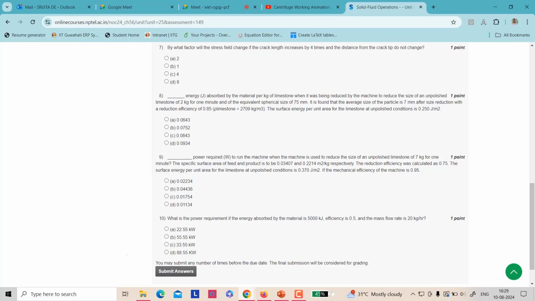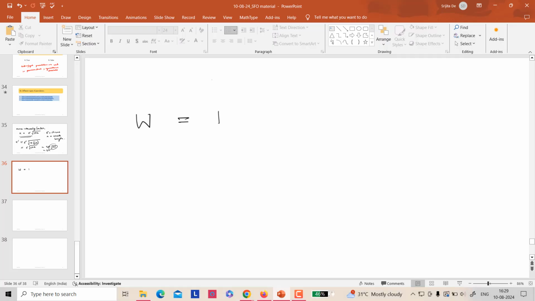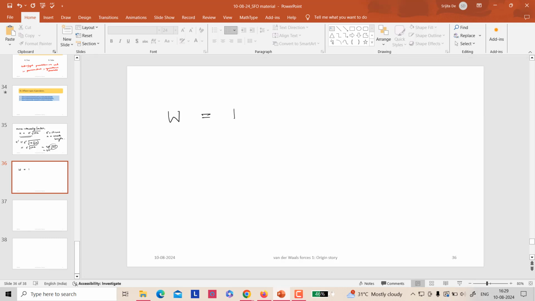Okay, so what was Rittinger's law? Rittinger's law formula, that is, work done will be proportional to its surface area change.